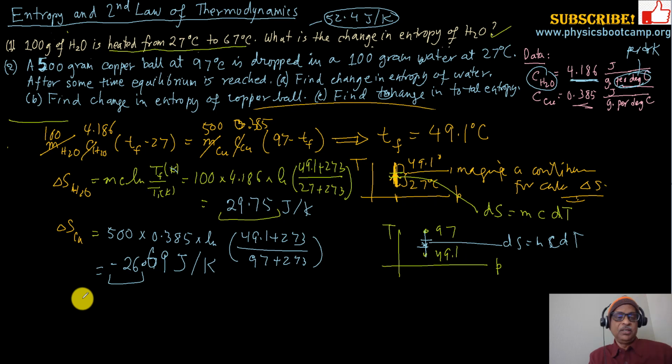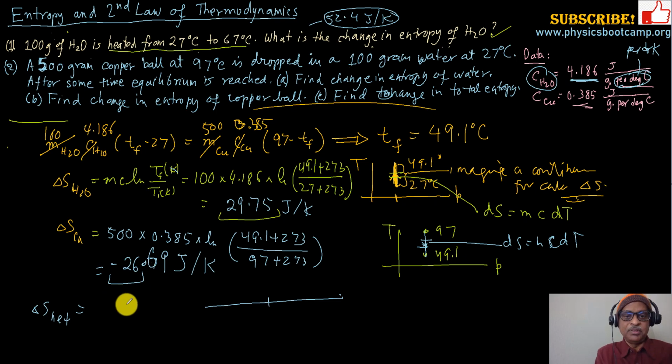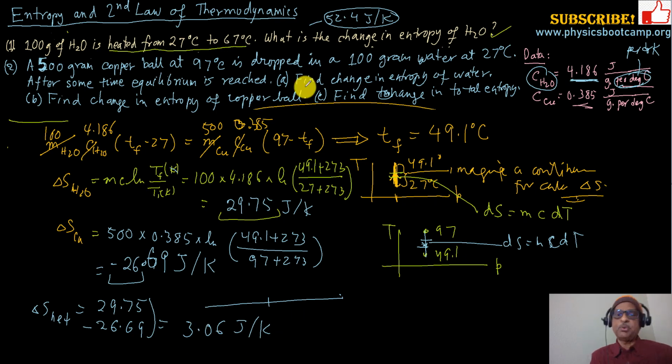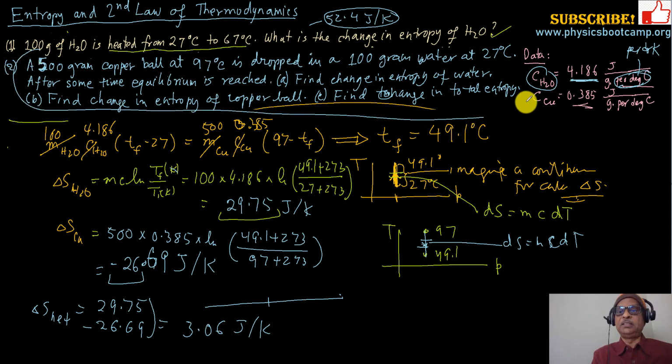Now you can see that delta S net, when I add this up, is going to be positive: 29.75 minus 26.69, and when you add it, 3.06 joule per Kelvin. So this is positive. So this process that happened is an irreversible process.